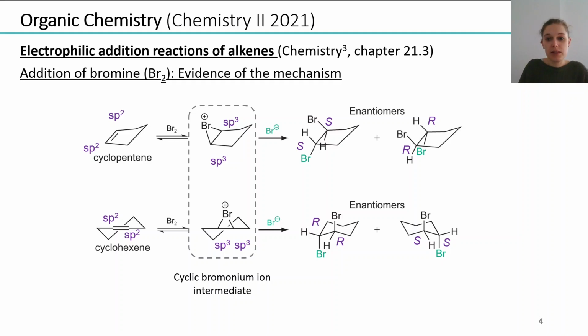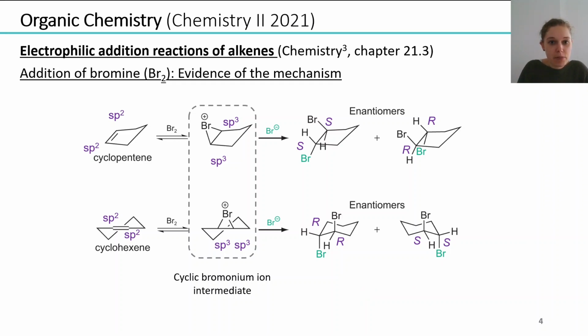And for example, if we have a look at the addition of bromine to cyclopentene or cyclohexene, we can see that we have the starting molecules, then we add the bromine, and we go over the cyclic bromonium ion intermediate, and then finally we end up with the enantiomers as products, and we can see that we always have the 1,2-dibromide as racemate, which has the bromine atoms on opposite sides of the ring.